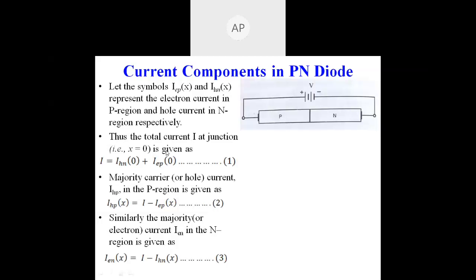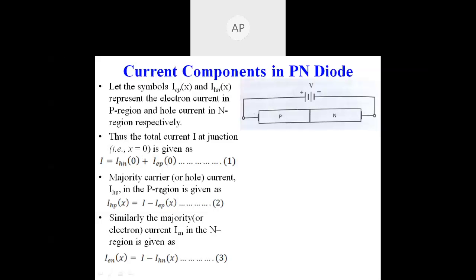So what will we have? The electrons from the P region and the holes from the N region. The holes will move from this direction to this direction, and the electrons will move from left to right, considering the minority carriers.